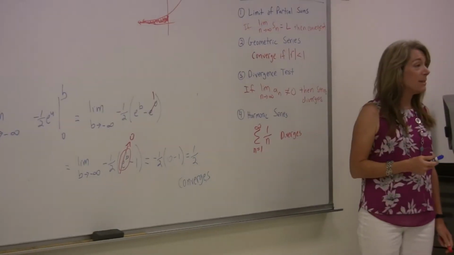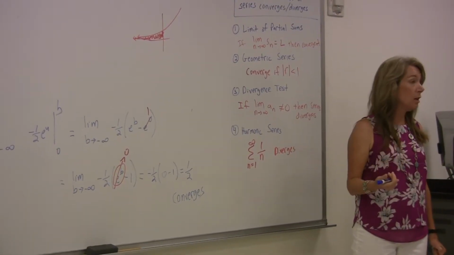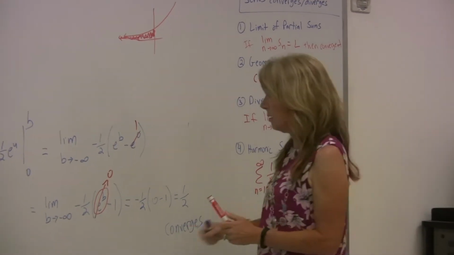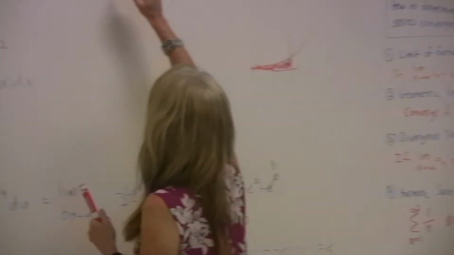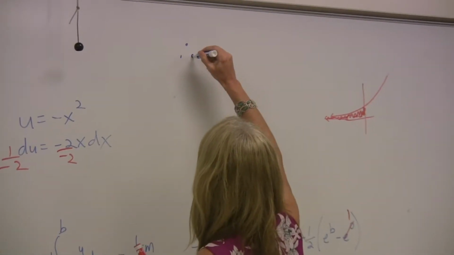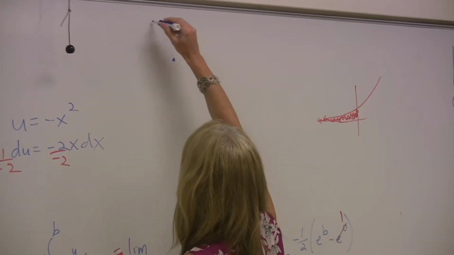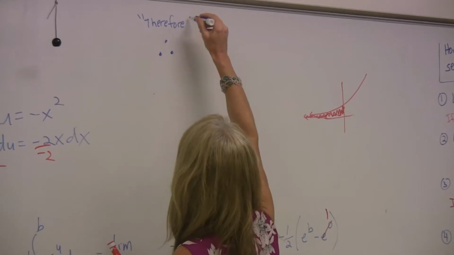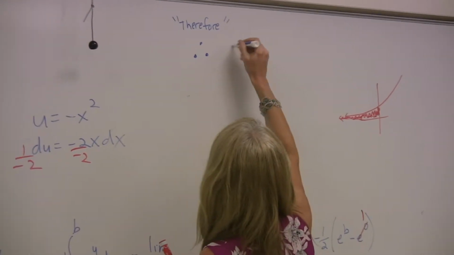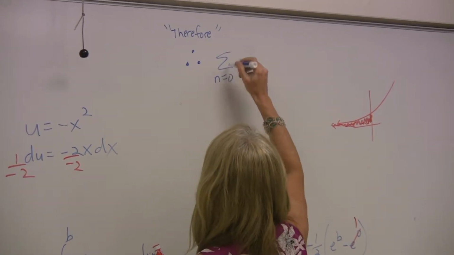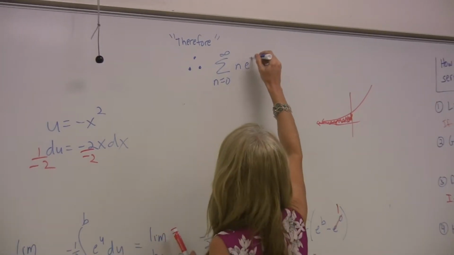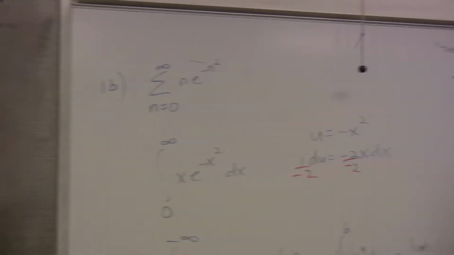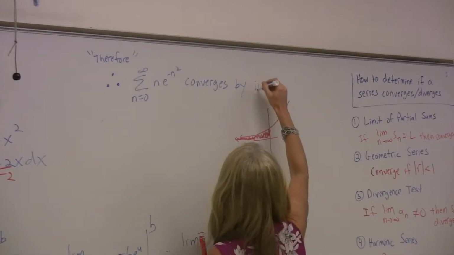So therefore we have to say the series is convergent using the integral test. Therefore, you guys ever seen the therefore symbol? It's like if you're done proving something. Therefore, the series n equals 0 to infinity of n e to the negative n squared converges by the integral test.